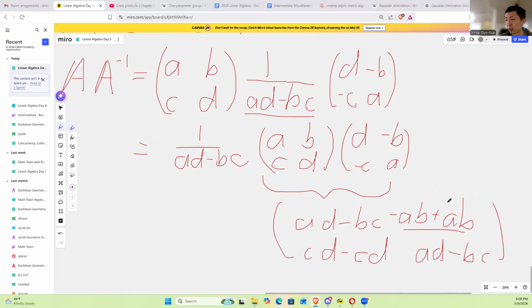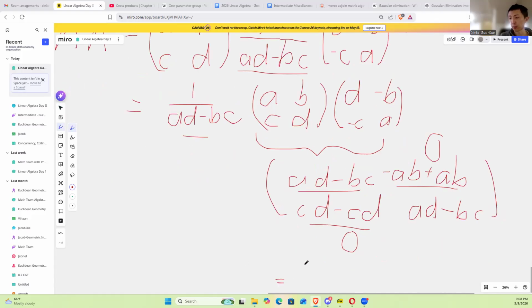So this is just zero, and this is just zero. When we multiply by 1 over the determinant, it just equals the identity, 1 0 0 1. So it works. We haven't proven that a matrix commutes with its supposed inverse, so we would also need to check that A inverse A is also equal to the identity. We'll leave that as an exercise.